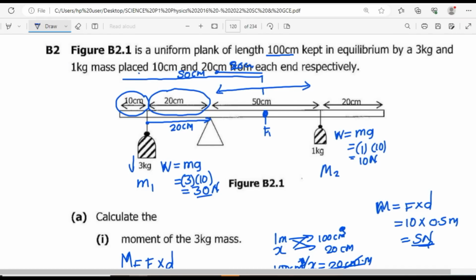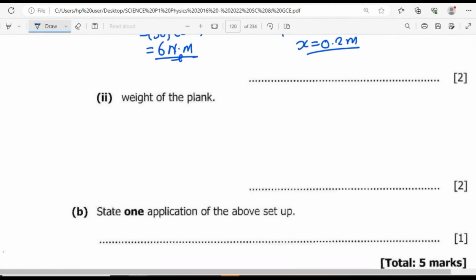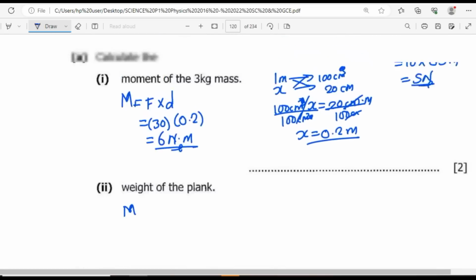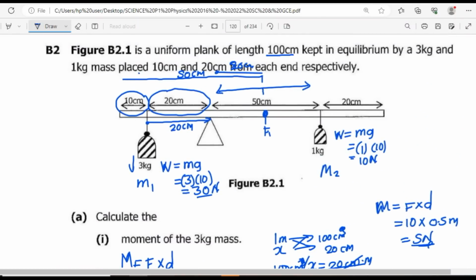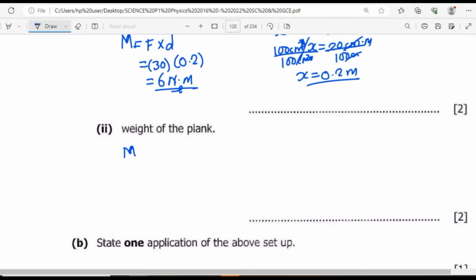So we can now find the other moment. For us to find it, we only have one distance. What do you do? We equate these. Moment 1 is equal to moment 2 plus moment 3. Moment 1 is 6 Newton meters. Moment 2 we have 0.2 meters times the force, which is what we are solving for. Moment 3 is just 5 Newton meters.